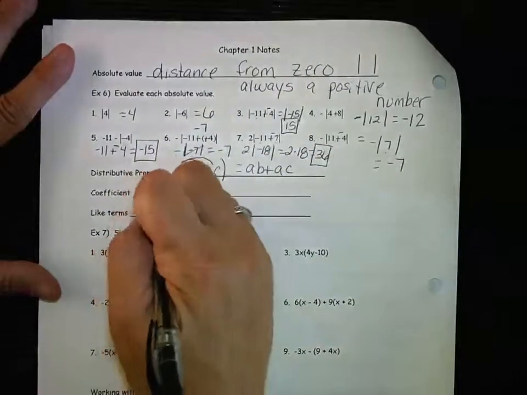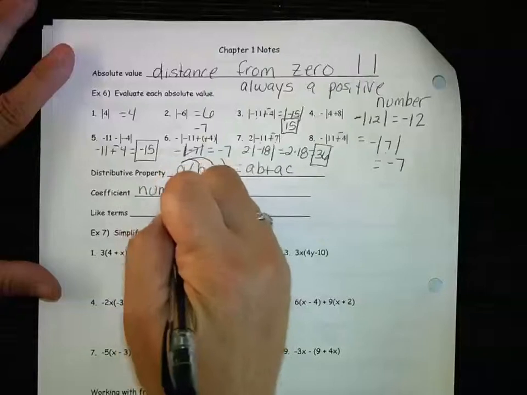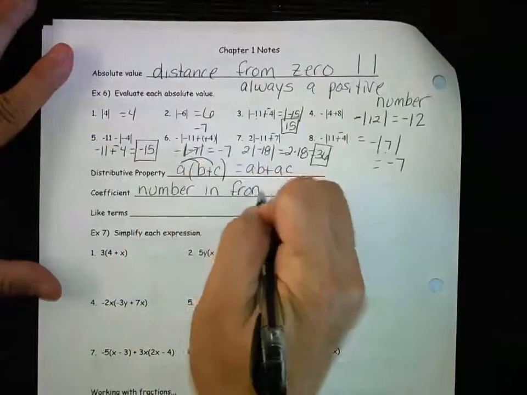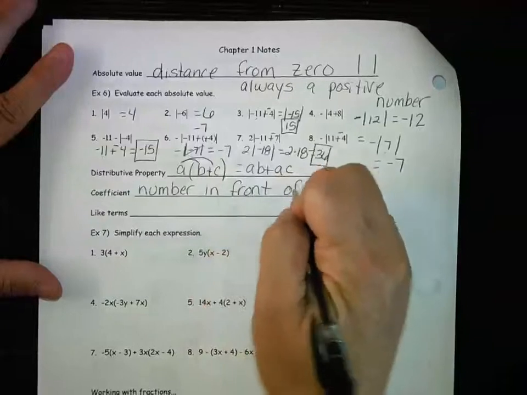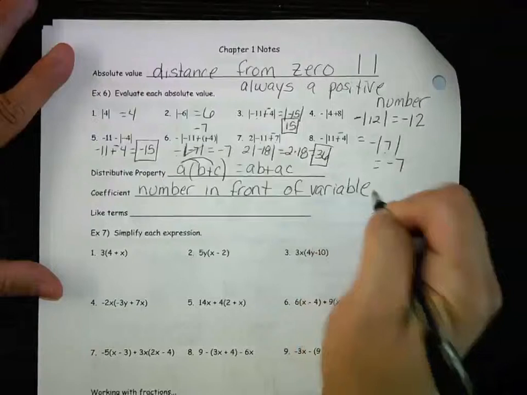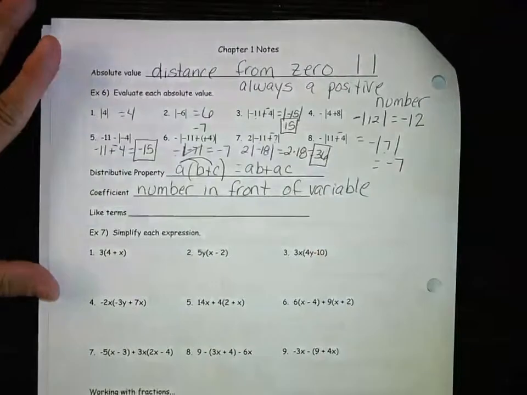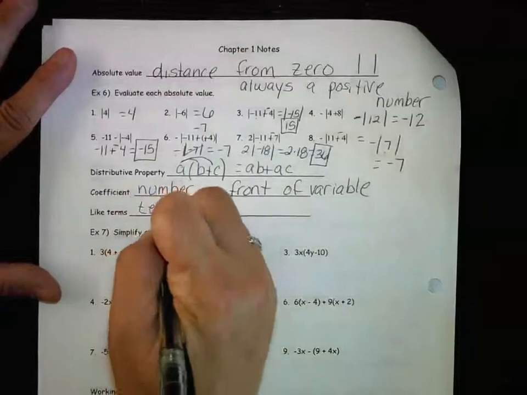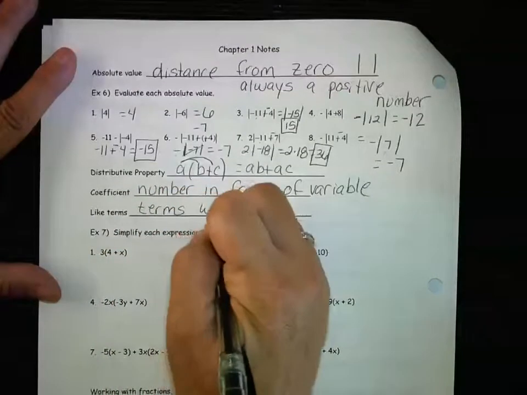Coefficient is the number that is in front of the variable. And like terms are terms with exactly the same variable.